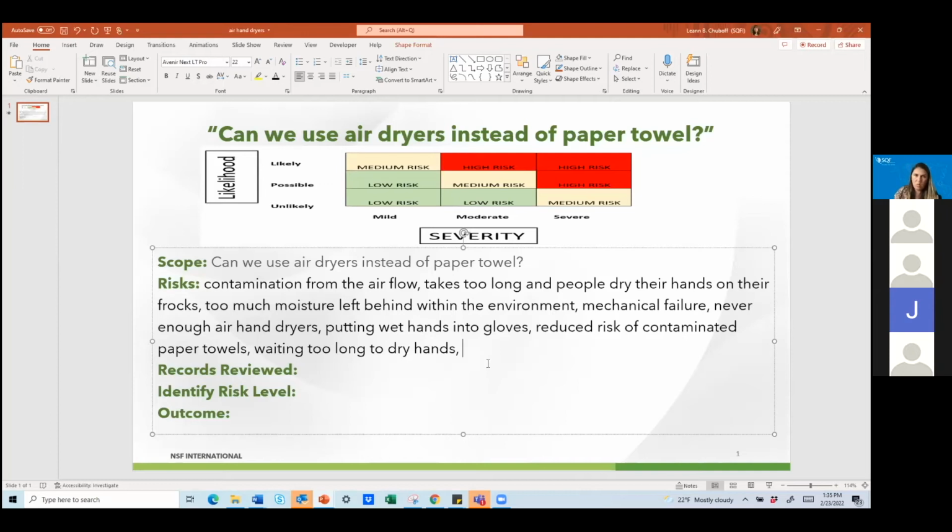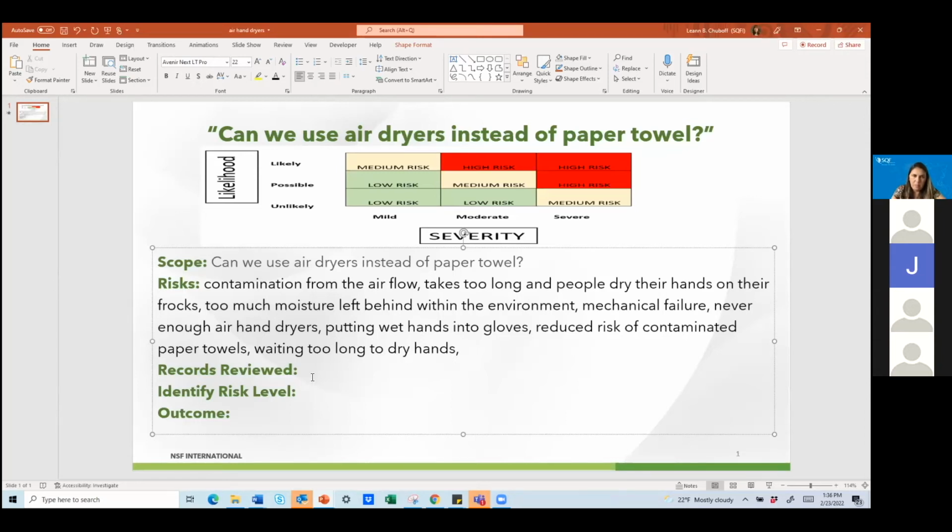Right, these are the risks that you're saying. Exactly. And if we could buy one of these air hand dryers that addresses all these risks, that would lower our risk, right? If we could do that.